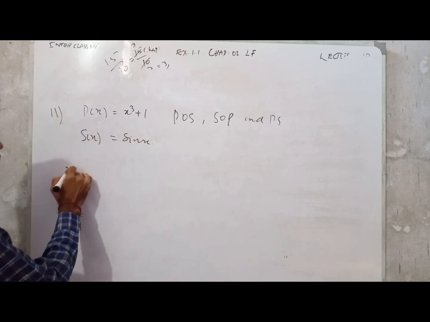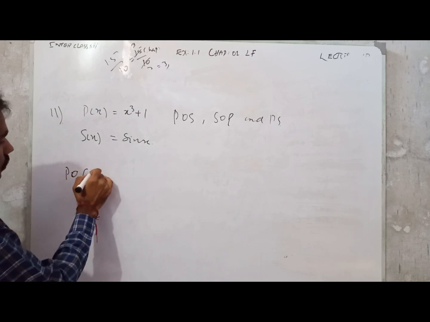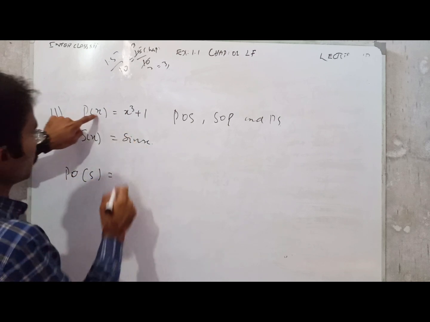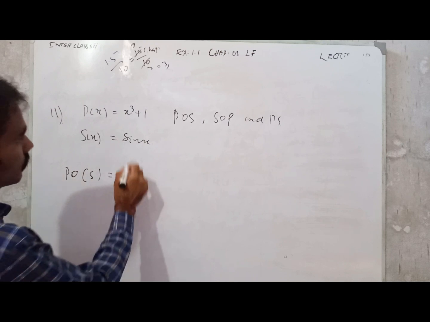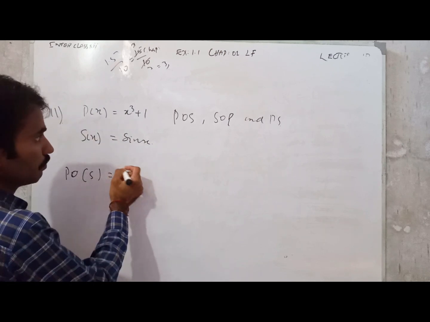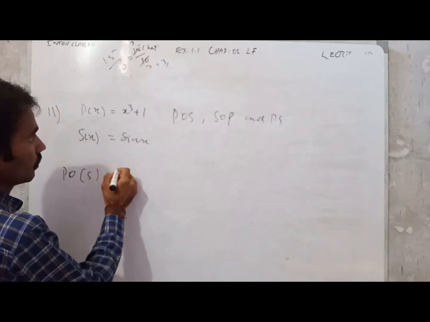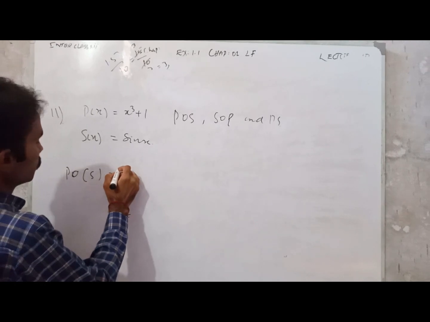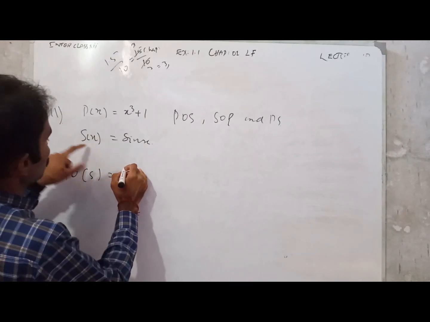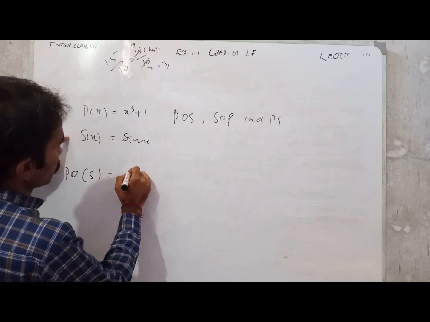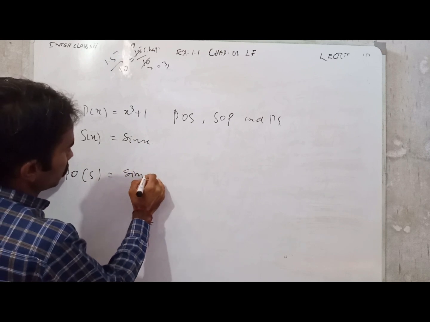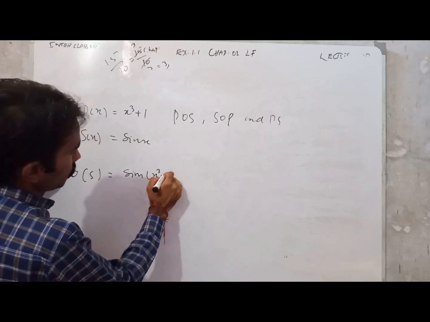P of s is equal to, we just put p in function s. It's very simple to understand. If you take into consideration, p of s means you put p, so sine x means sine x cube plus 1.